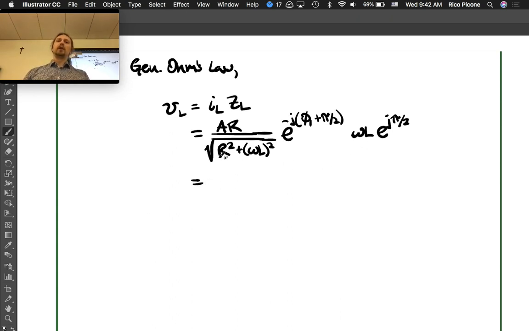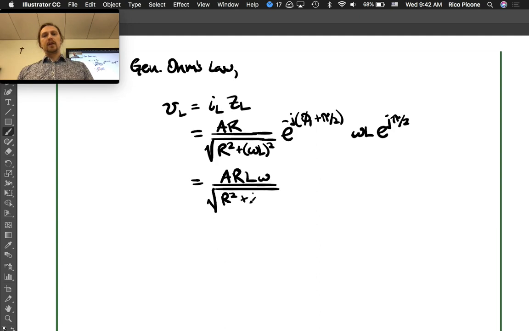So we can just multiply the magnitudes. So the magnitude of the result is ARL omega divided by the square root of R squared plus omega L squared times e to the, and then you just add the exponents, right?